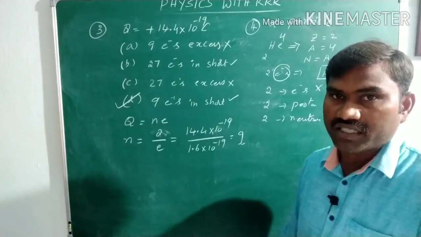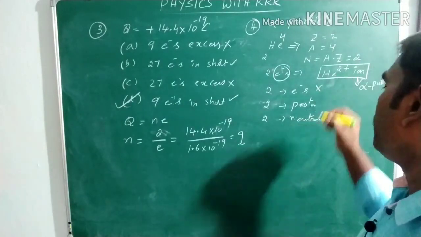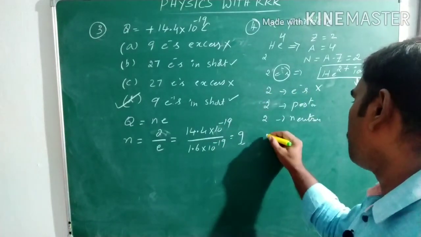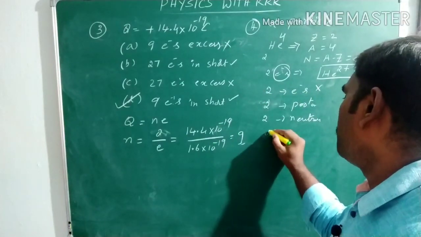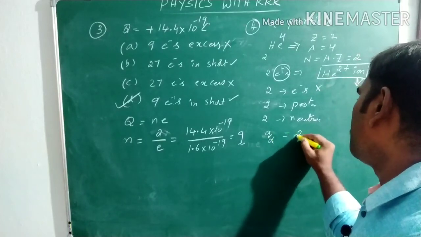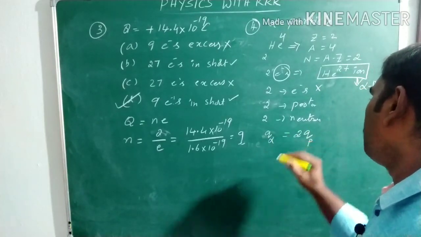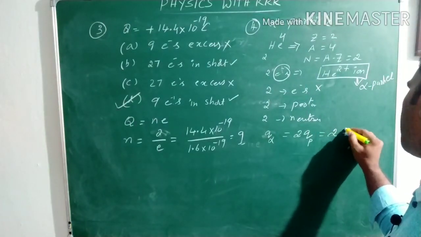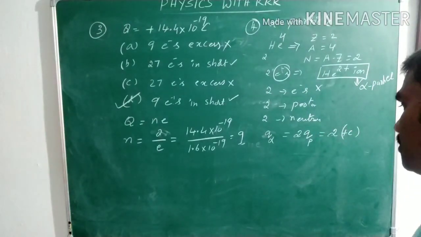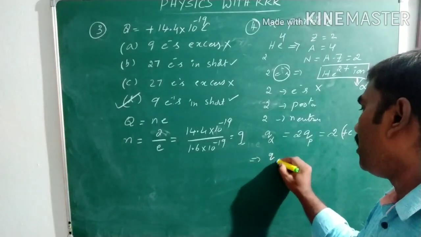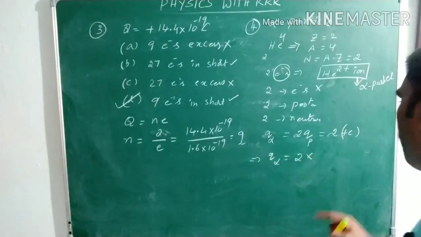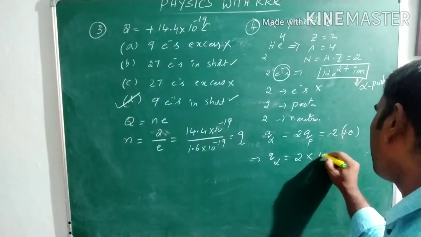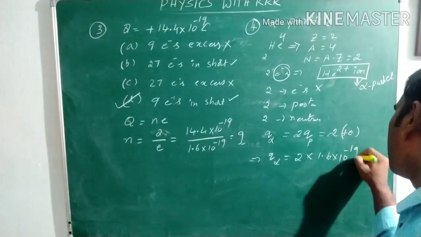Removing electrons will give a positive charge to the body. Now here, how many excess protons are there? So the charge of the alpha particle will be 2 times the charge of the proton. The charge of the proton is plus e, so that is 2 into plus e. That implies the charge of the alpha particle will be 2 into e, where e is the basic quantum of charge, equal to 1.6 into 10 power minus 19 coulomb.